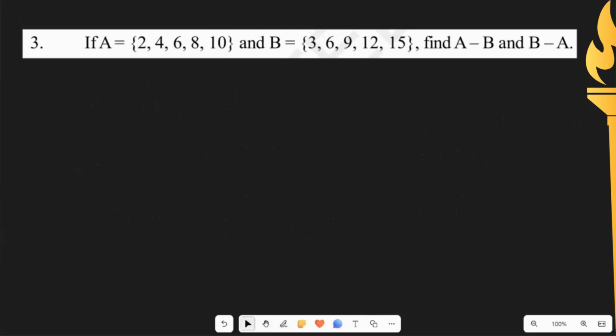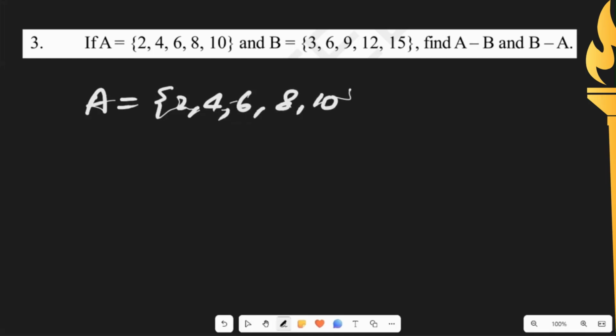The third question of exercise 2.2 says if A is equal to {2, 4, 6, 8, 10} and B is equal to {3, 6, 9, 12, 15}, we need to find A minus B and B minus A. To find A minus B, first let's write the given information: 2, 4, 6, 8, and 10.